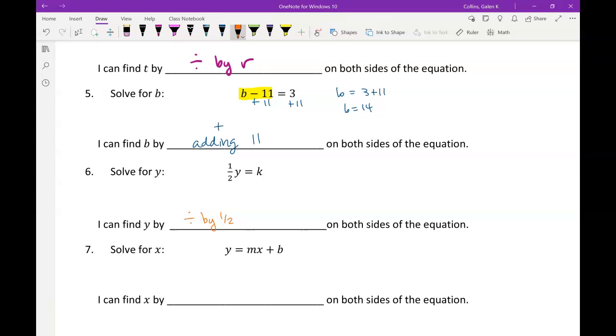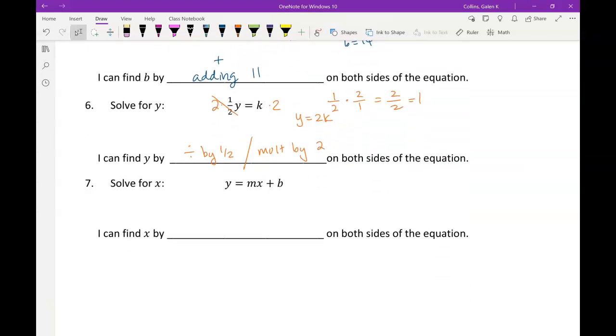So the easier thing to do here would be to multiply by 2. So if I think about it, 1/2 times its reciprocal, 2 over 1, gives me 1. That's what reciprocals are. They're numbers that have a product of positive 1. So if I just multiply both sides by 2, 1/2 times 2 is 1. I get y equals 2 times k.